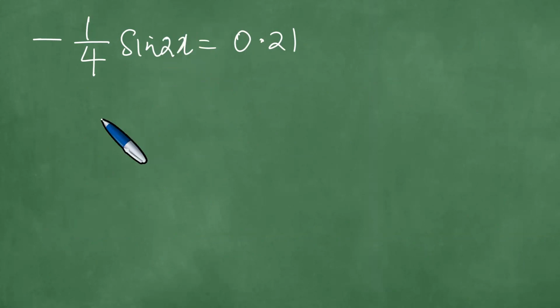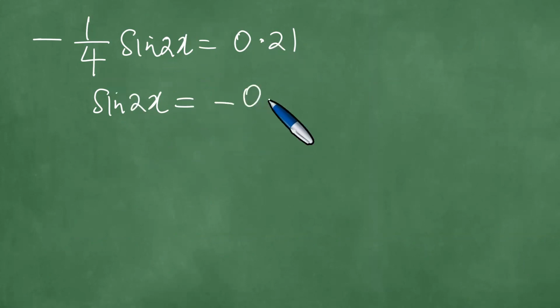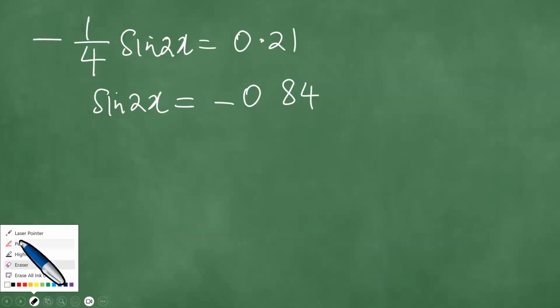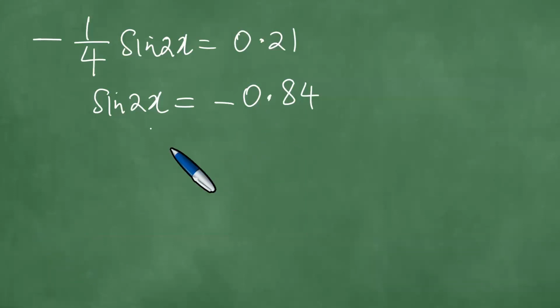We cross multiply. 4 times 0.21 with the negative is minus 0.84, so sine 2x equals minus 0.84. Right, we proceed to find the reference angle.